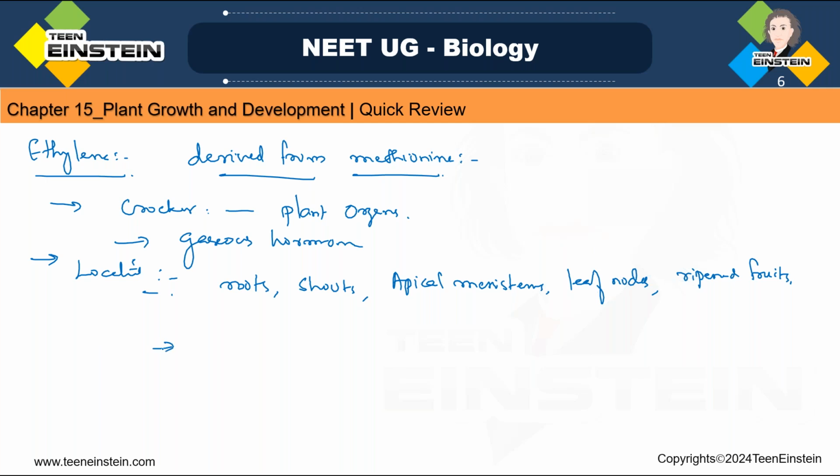This ethylene is highly effective in fruit ripening, it has a very good role there. And ethylene promotes abscission and senescence of leaf and flower.